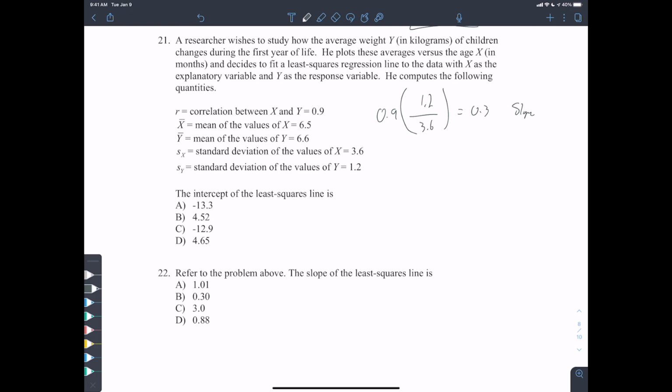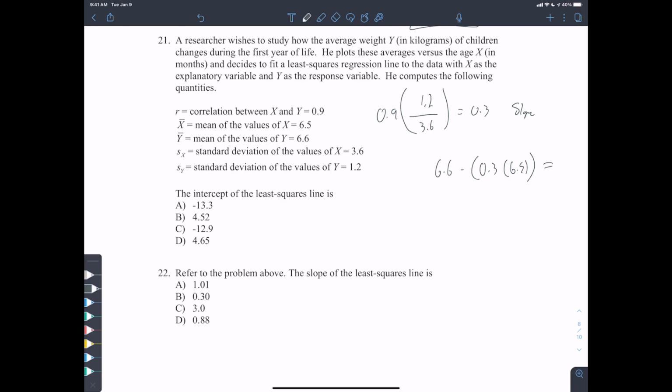And to find the intercept, what you're going to do is you're going to take your mean of your y values, so 6.6, and you are going to subtract from that your slope, which is 0.3, times the mean of your x values, which is going to be 6.5.